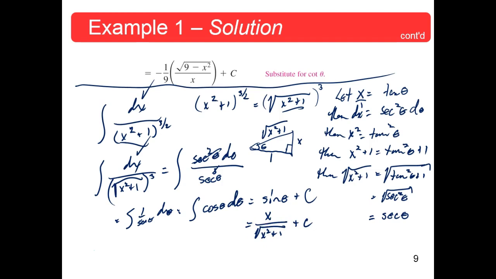All right, I think that's it. Let's see how the book did. X over the square root of x squared plus 1 plus c. We got it. Make sense? Got it? Any questions? I just need to refresh.